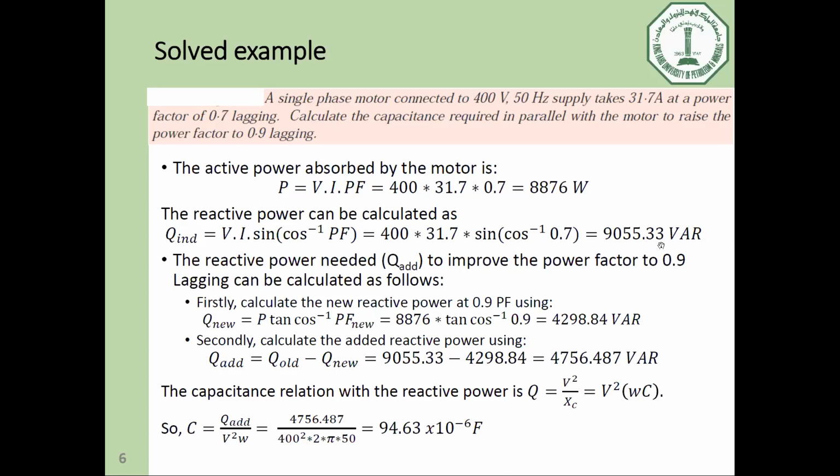To get Q added, we first need to calculate the new reactive power absorbed from the supply at 0.9. You can calculate Q new as P, because P is constant before and after compensation, multiplied by tan of cosine inverse of the new power factor.